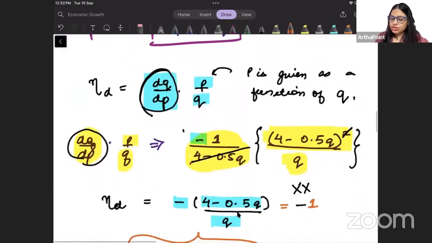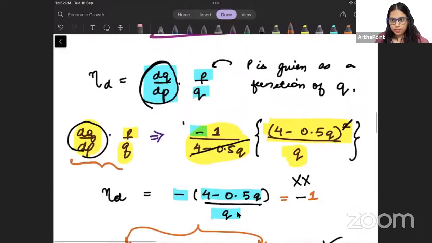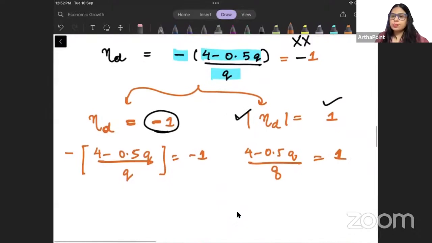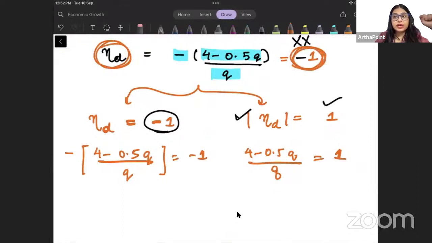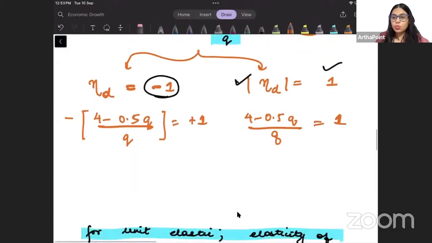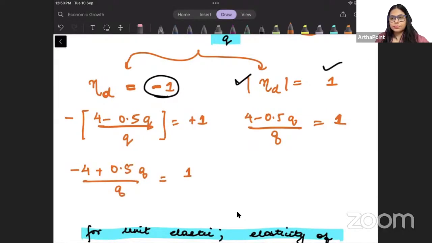Third, when we write the elasticity of demand formula, our price is replaced with the value of price, which is a function of quantity. And most important, when we are equating the elasticity of demand, we need to ensure that it is equated to -1 and not 1. Had I equated this to 1, I would have got -4 plus 0.5 Q by Q equal to 1.